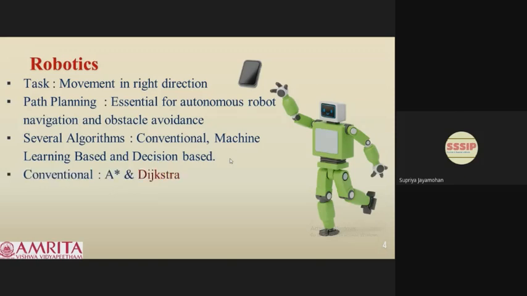Based on this, we are going to discuss two conventional algorithms: A star and Dijkstra. Based on machine learning, we are going to discuss reinforcement learning, basically temporal difference learning. We could also extend it to an advanced form of reinforcement learning, namely the SARSA algorithm.